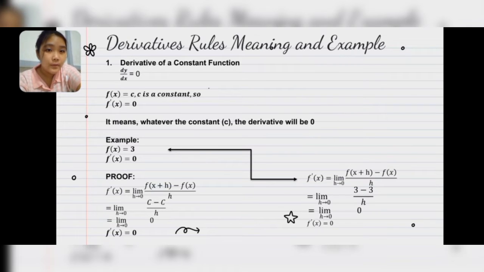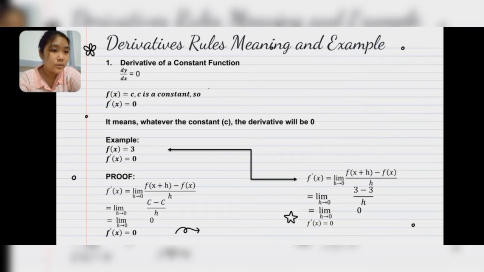How to prove it? The proof uses the definition of derivative: the first derivative equals the limit as h goes to 0 of f of x plus h minus f of x per h.